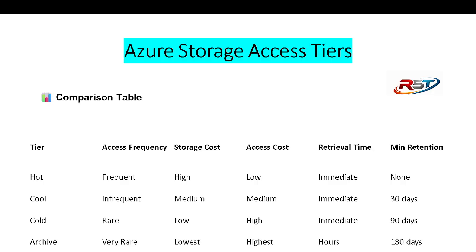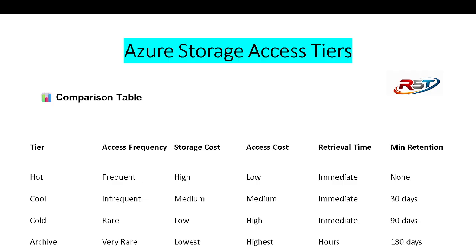Comparison table. Hot tier: frequently accessed data, storage cost high, access cost low, retrieval time immediate, minimum retention none. Cool tier: infrequently accessed data, storage cost medium, access cost medium, retrieval time immediate, minimum retention 30 days.